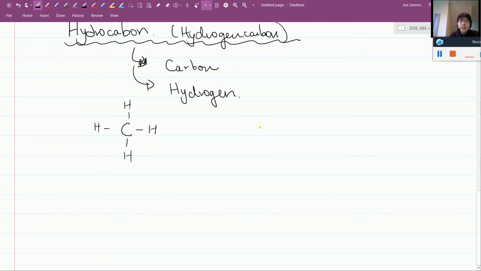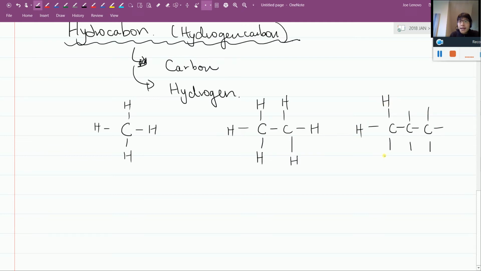But if you try to see 2 carbons next to each other, all single bonds, I would be able to extend it into 2 carbons and 6 hydrogens. If you continue doing this with another carbon there, I have 3 carbons with 8 hydrogens.